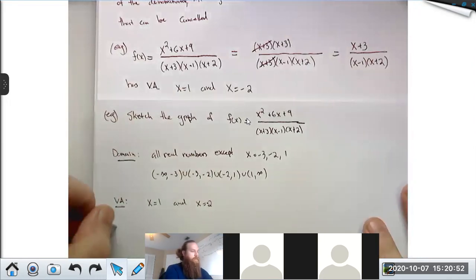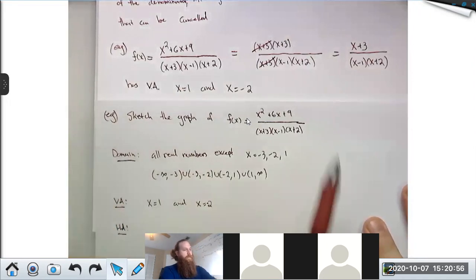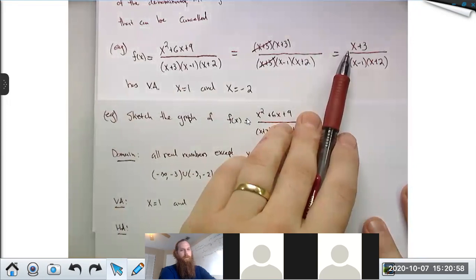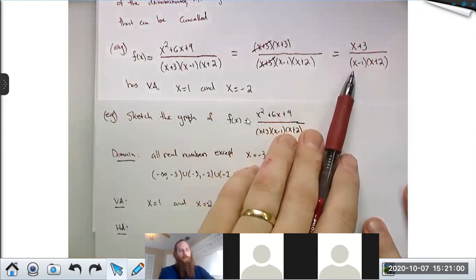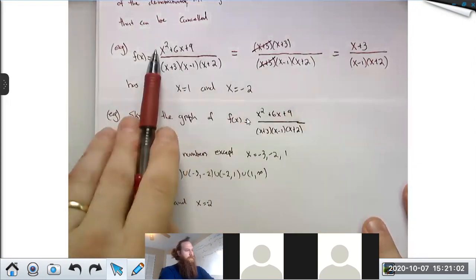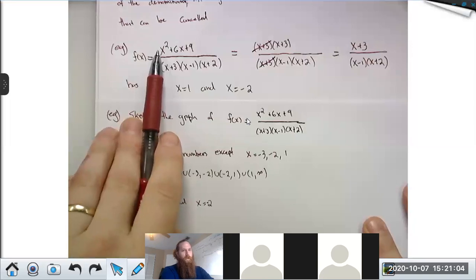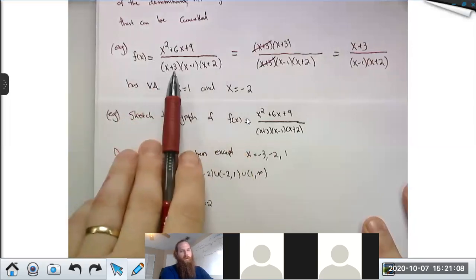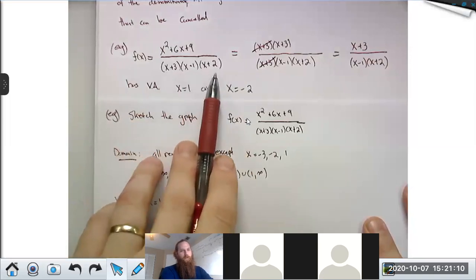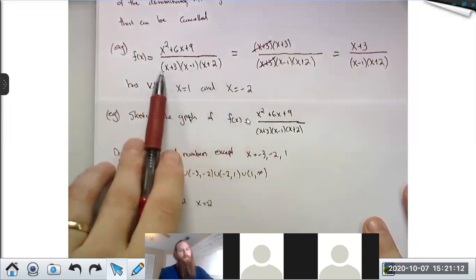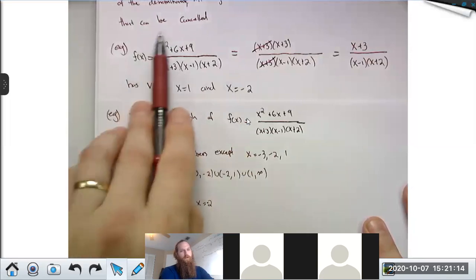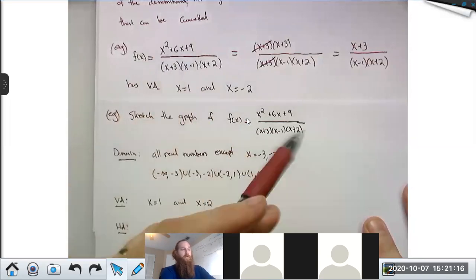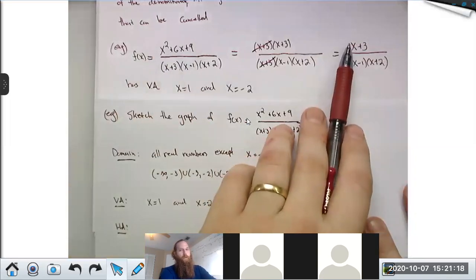And that is the horizontal asymptote here, because the degree of the top is 1, the degree of the bottom is 2. Or you can look at the original also. Here the degree of the top is 2, and the degree of the bottom is 3, because it's x plus 3 times x minus 1 times x plus 2. So if you multiplied this all out, it would be an x cubed downstairs, x squared upstairs. Or if you use the canceled version, it's degree 1 over degree 2.